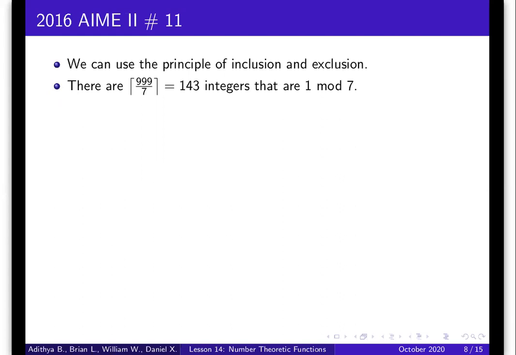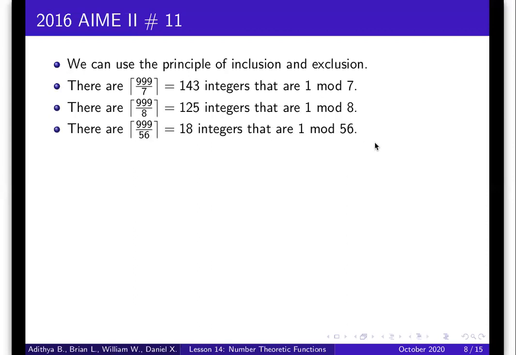And similarly, we can do the same thing for 8, so that there's 125 integers in this range that are 1 mod 8. And finally, if we add these two, it tells us how many are 1 mod 7 or 1 mod 8, but we have to subtract the double count, which is when they are 1 mod 56. So we can find that there are 18 integers that are 1 mod 56.